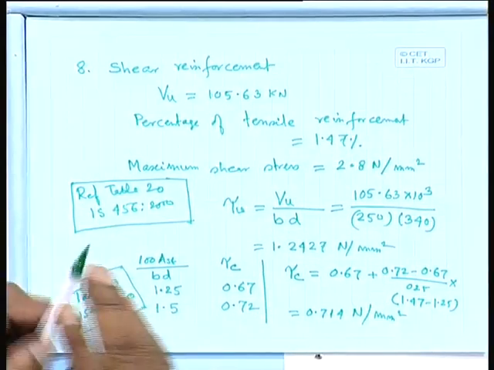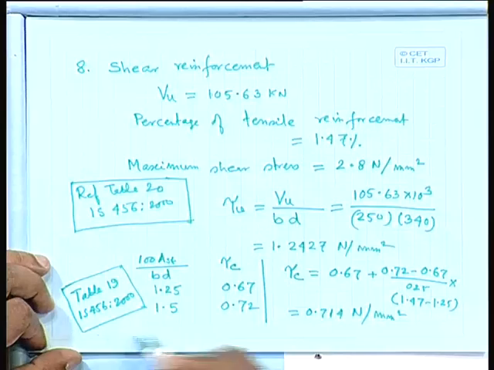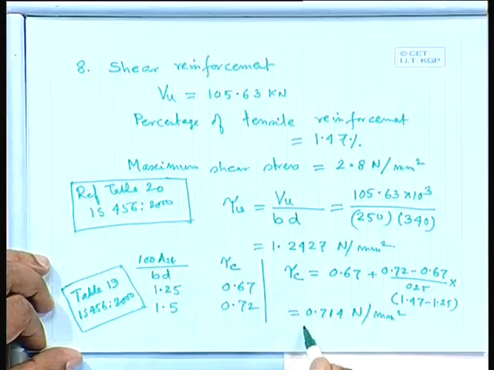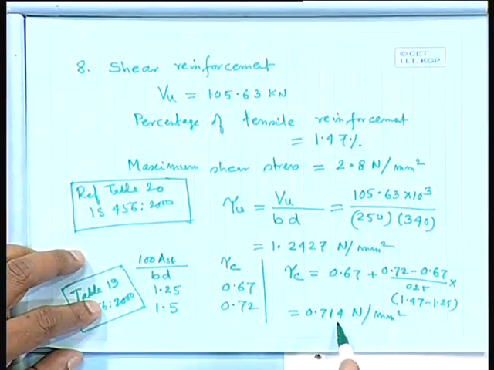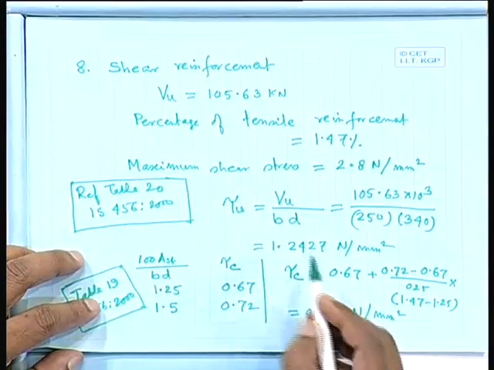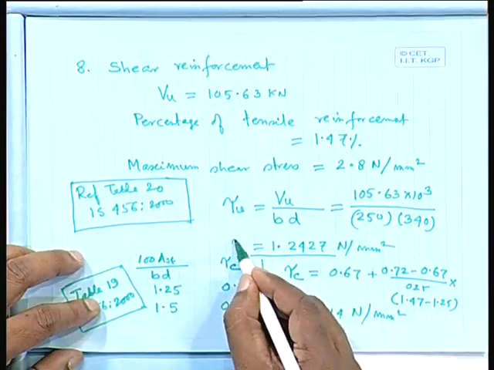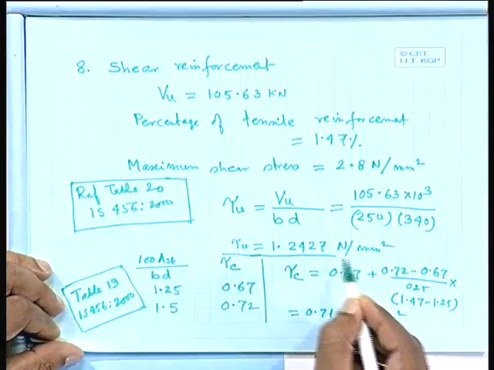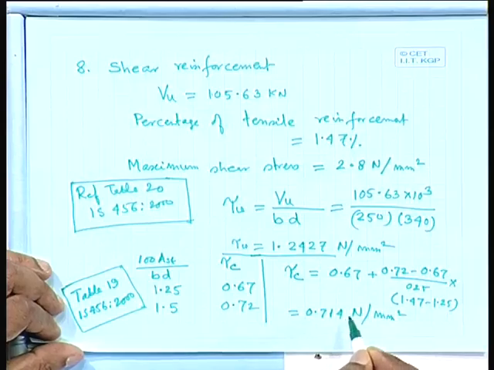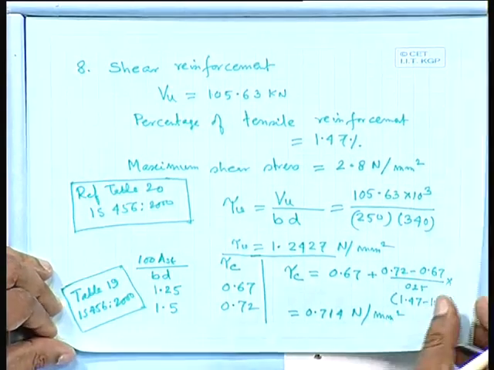That composition total we get from Table 19, and here tau C equals 0.714 Newton per square millimeter, which is less than tau V, the one we have computed. This tau V is 1.2427, which is greater than 0.714. So, we need shear reinforcement.